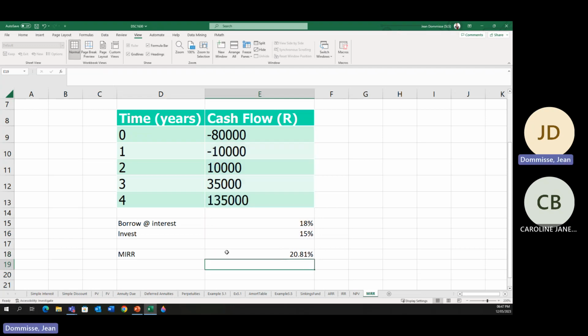Cool. So there's also a function for MIRR. So nearly these last four will hopefully save you a lot of time when you get data tables to work out the cash flow. So that's why I wanted to show you in Excel how to do it.